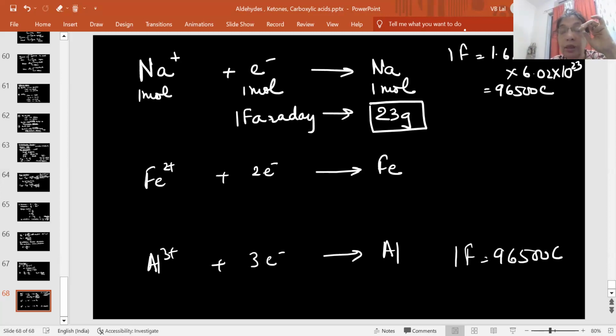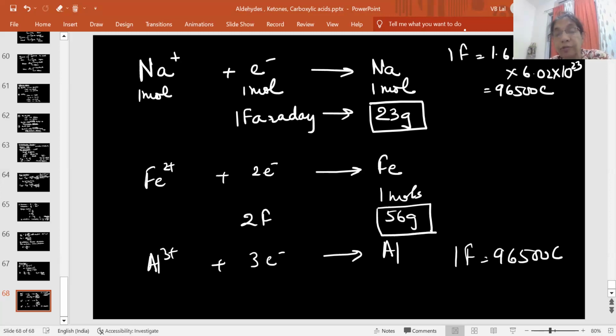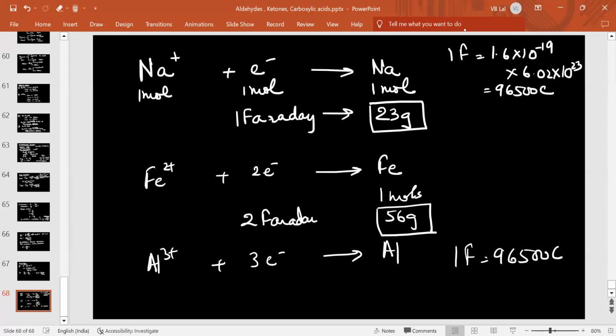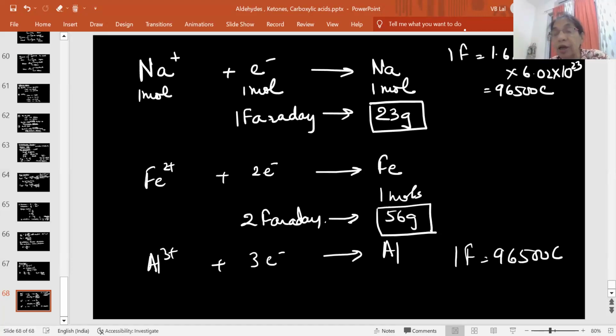Now if I want to discharge 1 mole of iron, 1 mole of iron is how many grams? It is 56 grams of iron. But to discharge 56 grams of iron, how many Faraday will I need? I will need 2 Faraday. If I take aluminium, how many Faraday will I need to discharge 1 mole of aluminium, 27 grams?